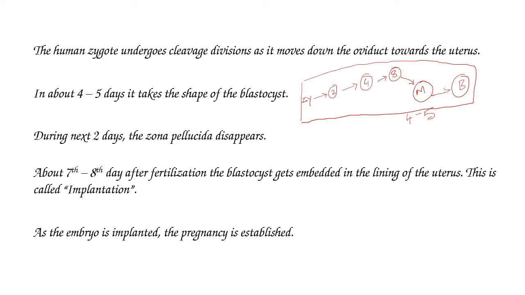During the next 2 days, the zona pellucida disappears. In the next 2 days, that is the 6th to 7th day, the zona pellucida which surrounds the morula disappears, and on the 7th and 8th day after fertilization, the blastocyst gets embedded in the lining of the uterus, which is called implantation. As the embryo is implanted, as we already said, the pregnancy is established.